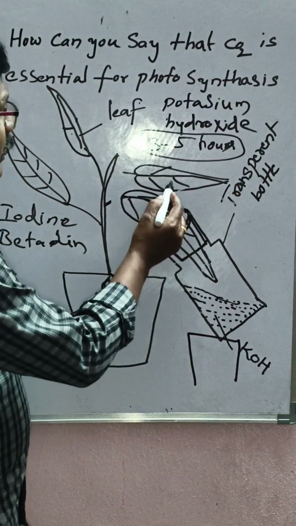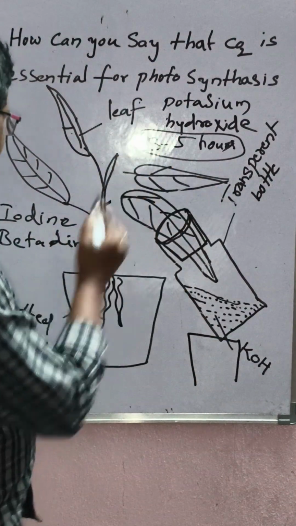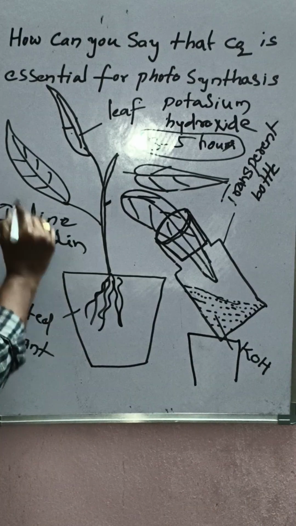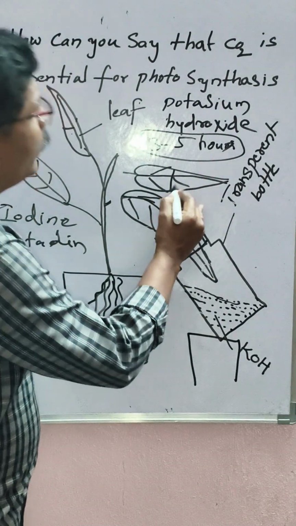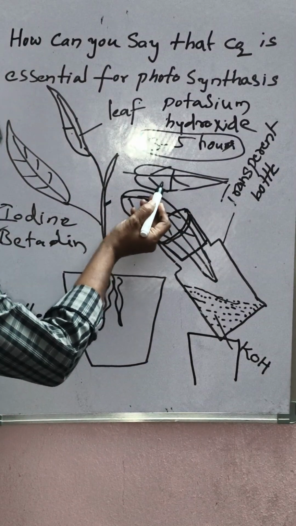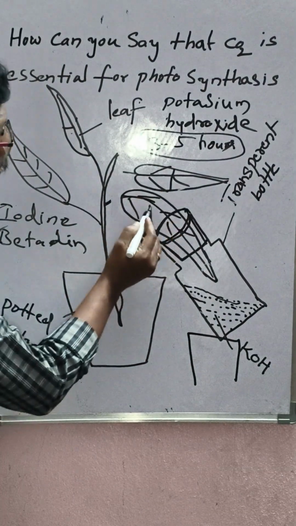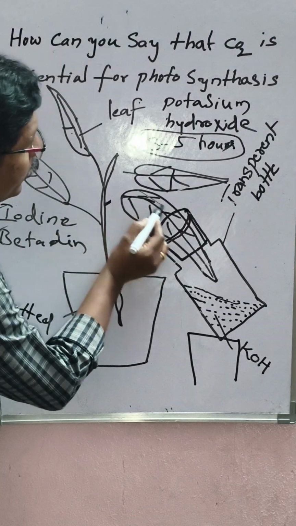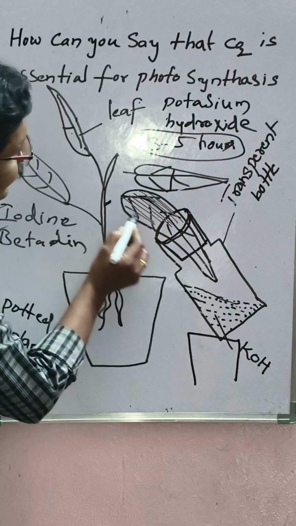When we test the leaf with drops of iodine or betadine, the half of the leaf which is present outside of the bottle will be converted into bluish black color.